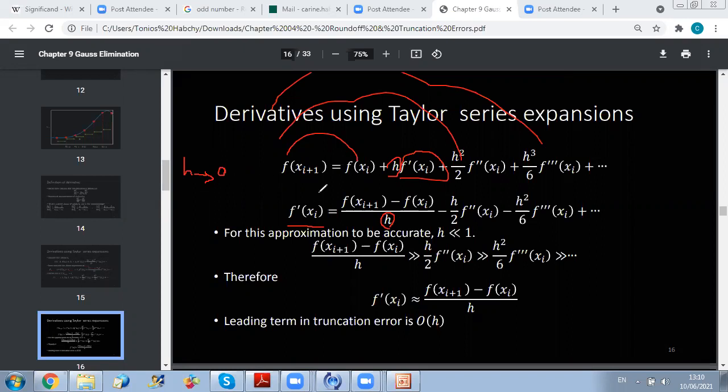Okay, so since h is small, so to be accurate, h should be smaller than 1, and h is multiplying here.